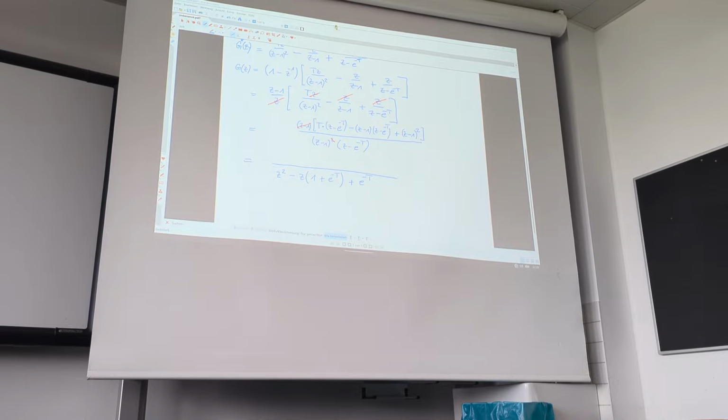Let's go in two steps. So we have Z minus 1 squared, which is Z squared minus 2Z plus 1. That was this bracket. Then we have the middle term, which is Z times Z is Z squared with a minus.